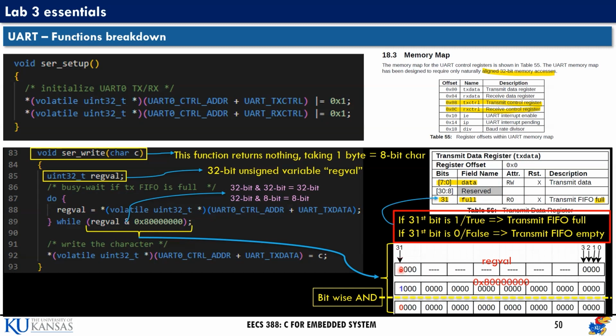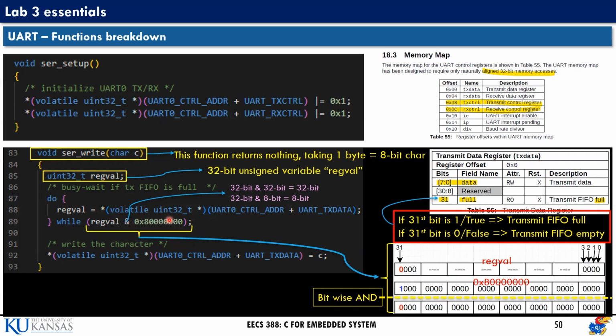So if we do this AND operation, 1 and 1 produces 1, the output is also 1. So it will keep looping continuously until all of the data is transmitted. So, yep, that's in summary what this while loop is doing for us.